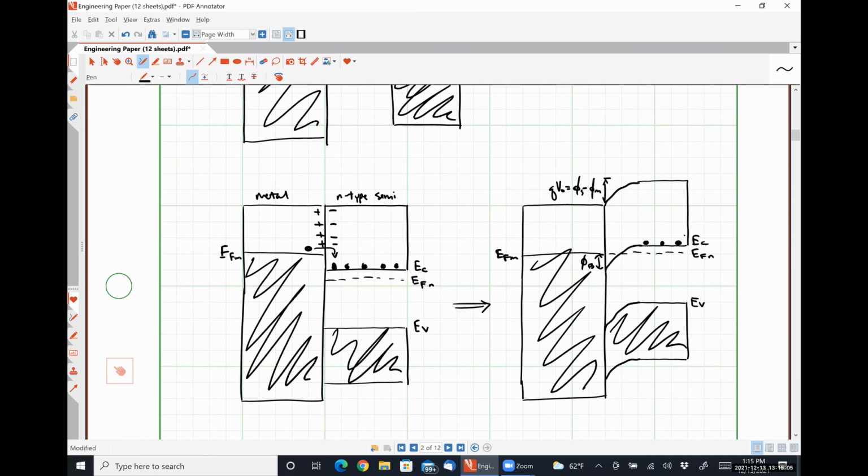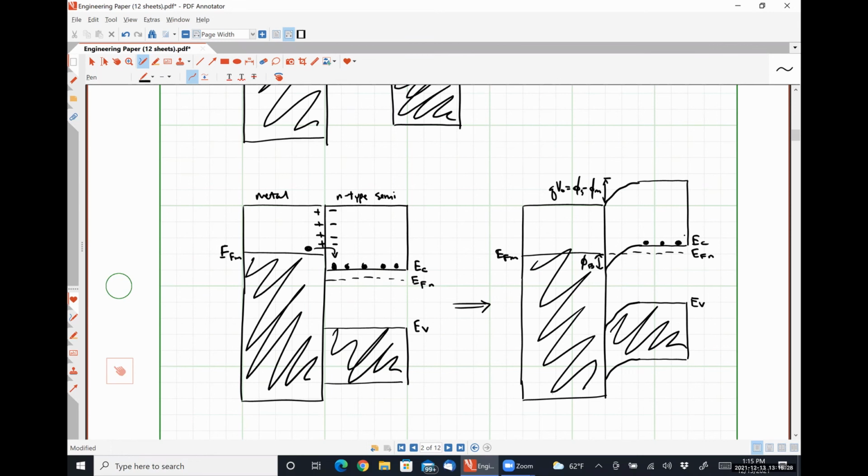When we reverse bias this guy, we're bringing these guys down. And the electrons in the metal will see a small barrier height that they have to overcome to move into the semiconductor. So we don't have rectification like we observed last time.